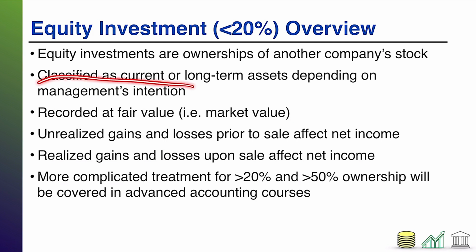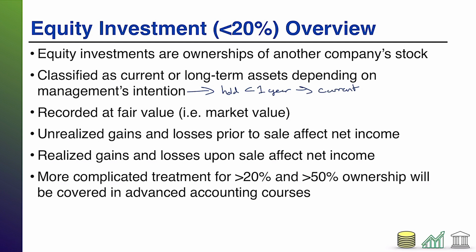That's all dependent on what management's intention with the investment is. If management intends to hold less than 1 year, then we would call that a current asset. And if management intends to hold it longer than a year, then we would call it a long-term asset.